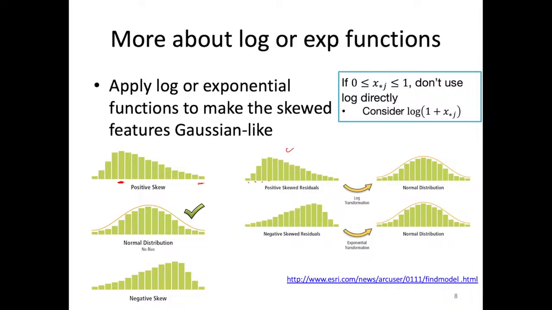If your feature is negatively skewed, then by computing the exponential, again, it will become more or less Gaussian-like.